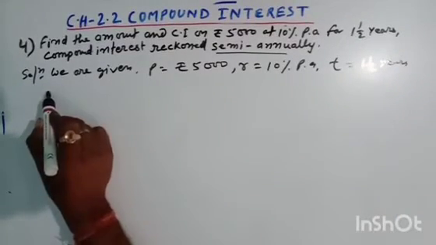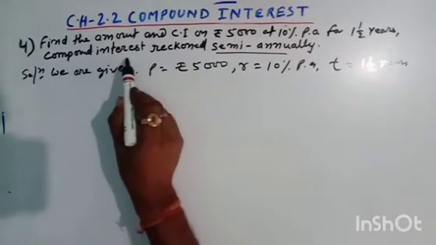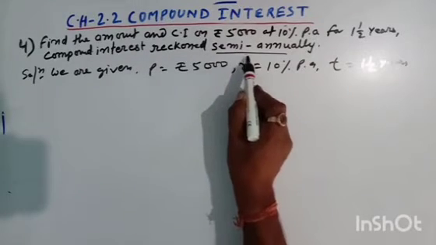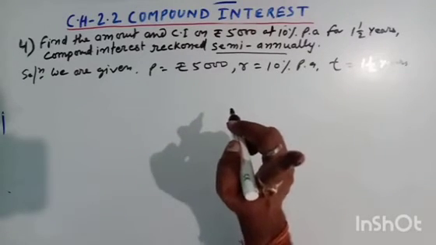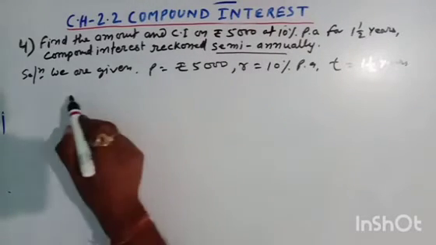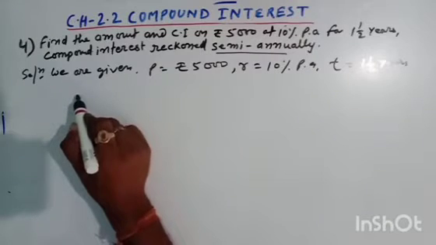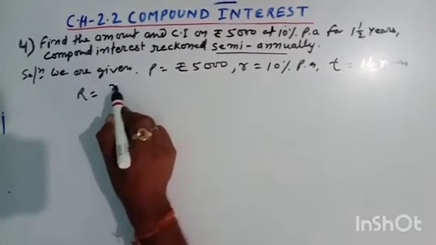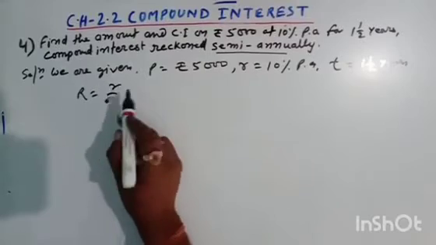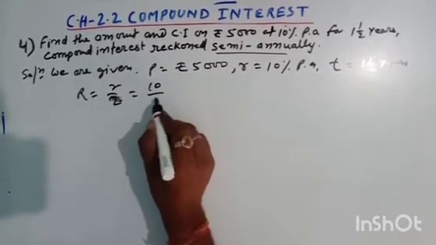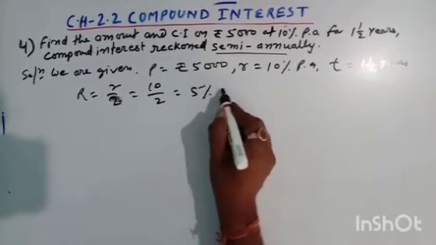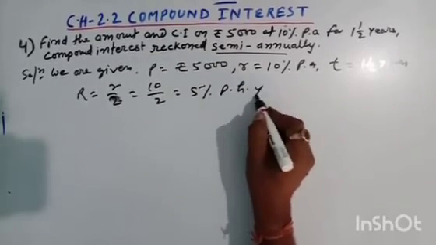Now since the compound interest is imposed semi-annually, that is what? Twice in 1 year. So in that case, the final rate will be R by 2, that means divided by 2. Okay, 10 by 2, that means 5% per half year.